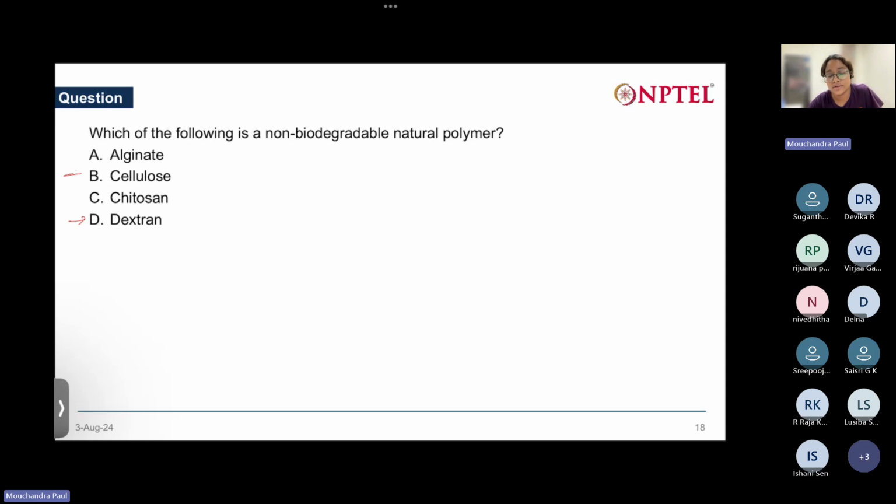So why cellulose or why dextrin? If you make a tissue engineered product out of cellulose, why will it not biodegrade in your body?